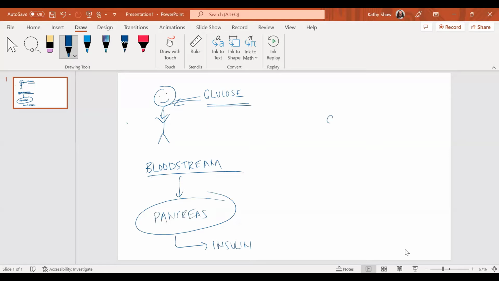So the blood containing both the glucose and the insulin comes up to the cell. And the insulin acts kind of like a doorman. The insulin will facilitate the glucose entering the cell so it can go through its steps to become energy for the cell. It's kind of like the doorman opening the door for the glucose to get in.